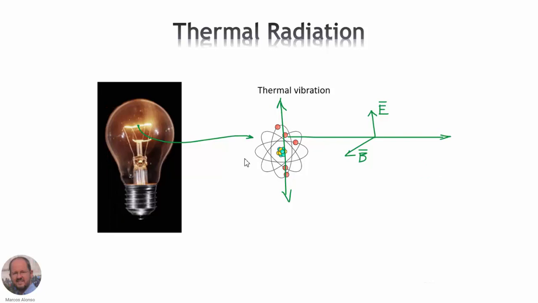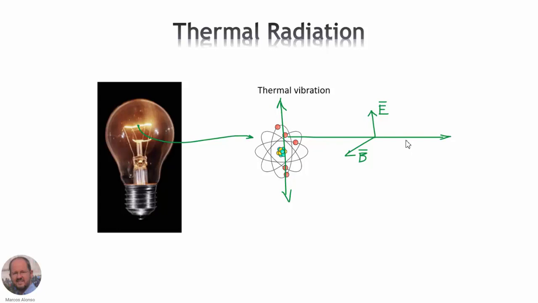So now we can understand several processes that generate electromagnetic radiation. For example, in the case of thermal radiation, we know that when we increase the temperature of a material, for example a metal in incandescent lamps, the atoms of the material vibrate due to the thermal energy, and this vibration generates an acceleration of the electrons in the atom, and in this way they generate the electromagnetic radiation.